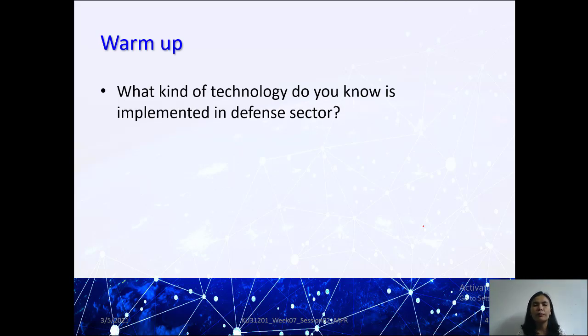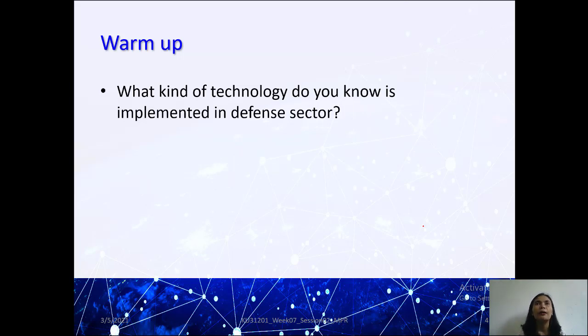As a warm-up activity, I give you a question: what kind of technology do you know that is implemented in the defense sector? For example, IoT, if you talk about something related to computer engineering students, then tell me how this IoT-based technology is implemented in the defense sector.